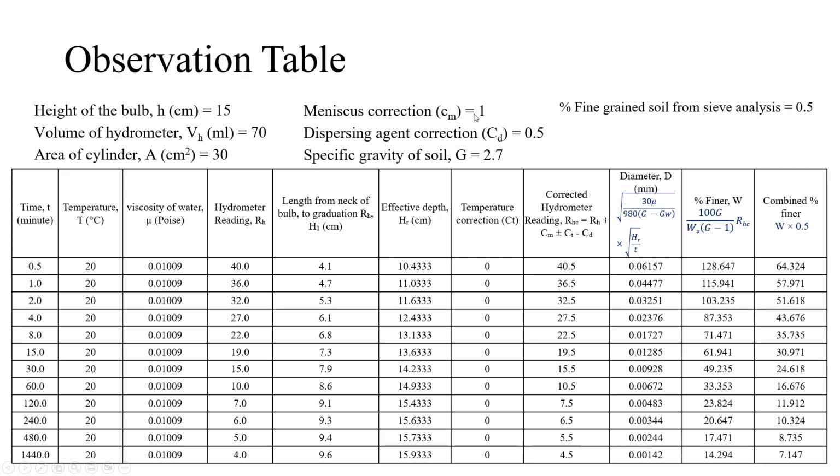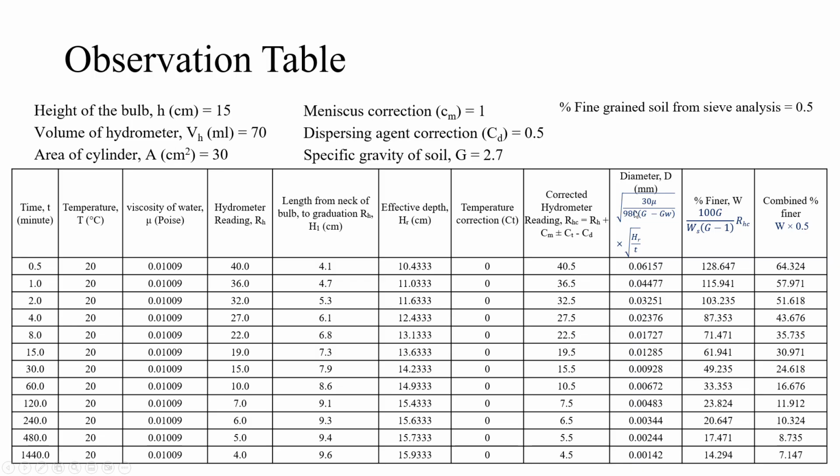The meniscus correction we found for this experiment was 1, so this will be added: RH plus 1. The dispersing agent correction we found 0.5, so this will be subtracted, and CT is 0. So applying those corrections we find the corrected hydrometer reading in this column, 40.5, 36.5, corresponding to each hydrometer reading.